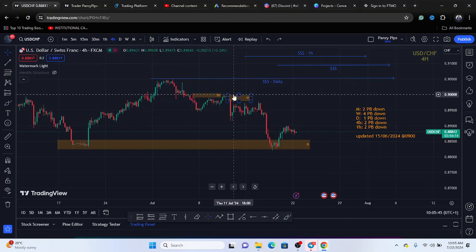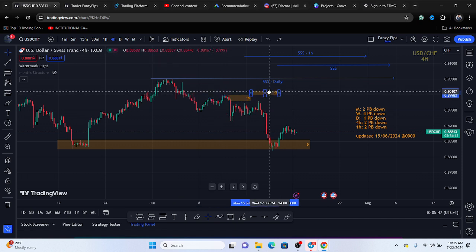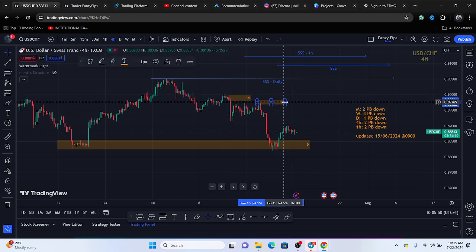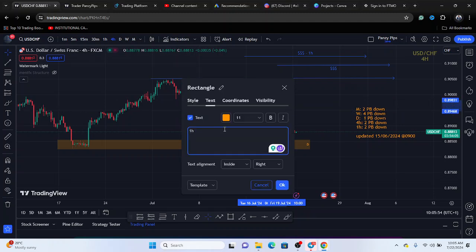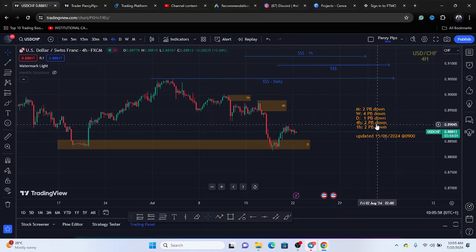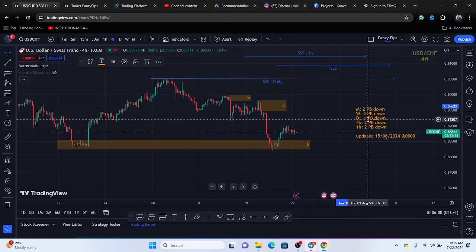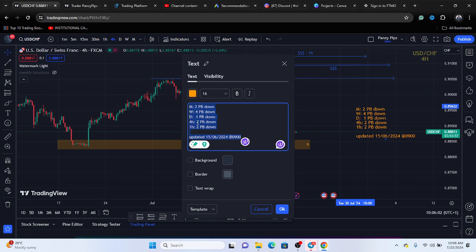Alright, so I'll just borrow this real quick and look at my 4-hour zone. This becomes 4-hour. Alright, so we are 3 PB down on the 4-hour, right?